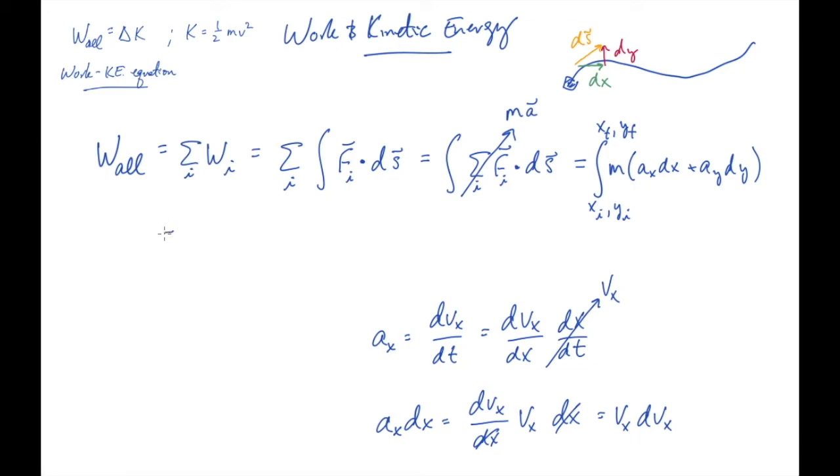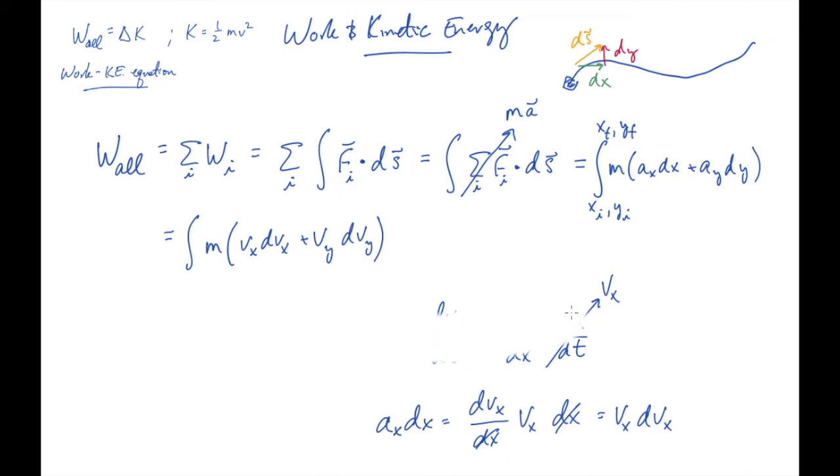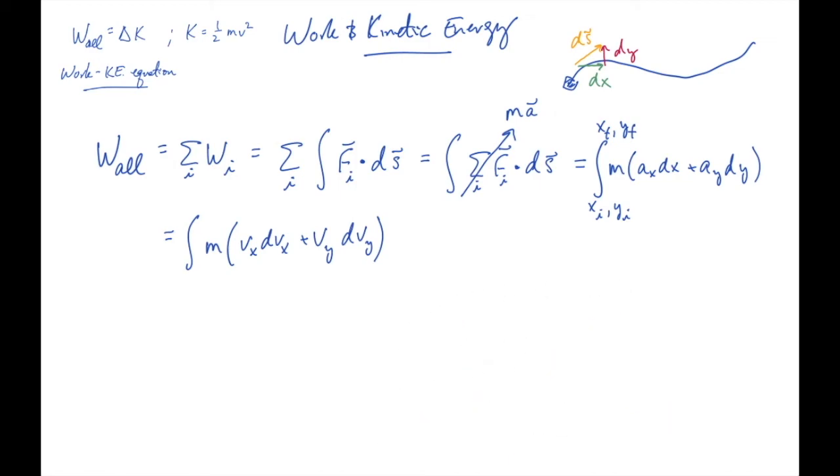So after those substitutions and simplifications, we have this. The integral of mass, vx dvx plus vy dvy. And I'm going to erase this stuff. Okay, now what am I integrating over here? I used to be integrating over the positions, but now I have to integrate over the velocity components at those positions.